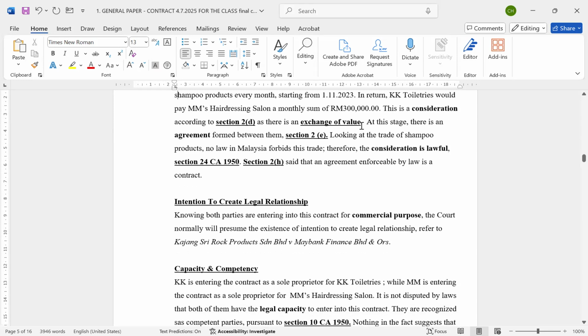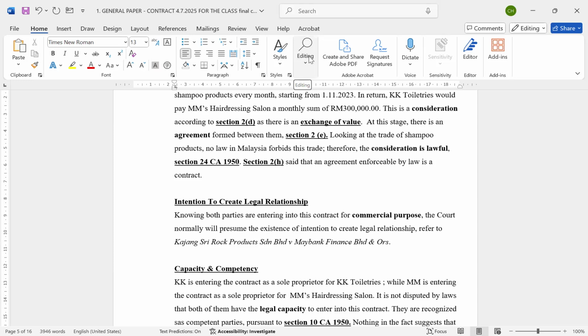And when the consideration is there, there will be what we call an agreement that exists. You get me? But subsequently, you must also critically evaluate and analyze whether this sort of terms, this sort of exchange of value, is legal or not.